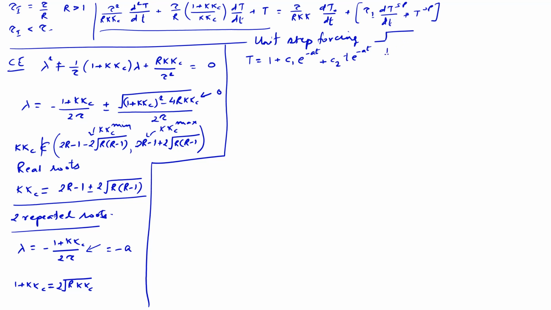So the initial conditions are temperature equal to 0 at time t equal to 0, and the rate of change of temperature dT by dt is 0 at time t equal to 0.